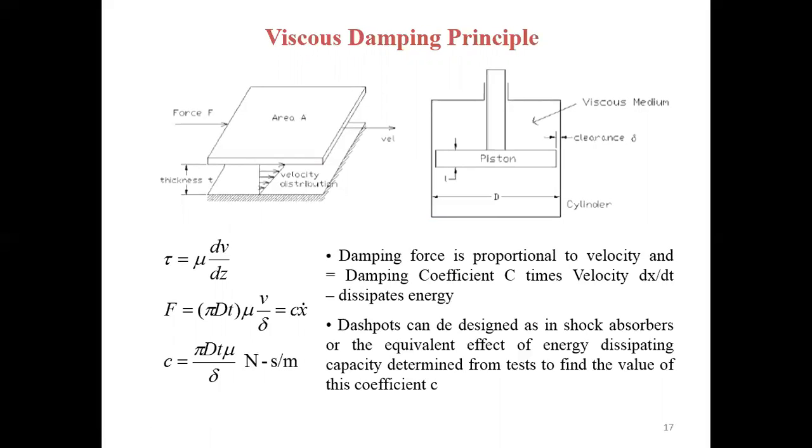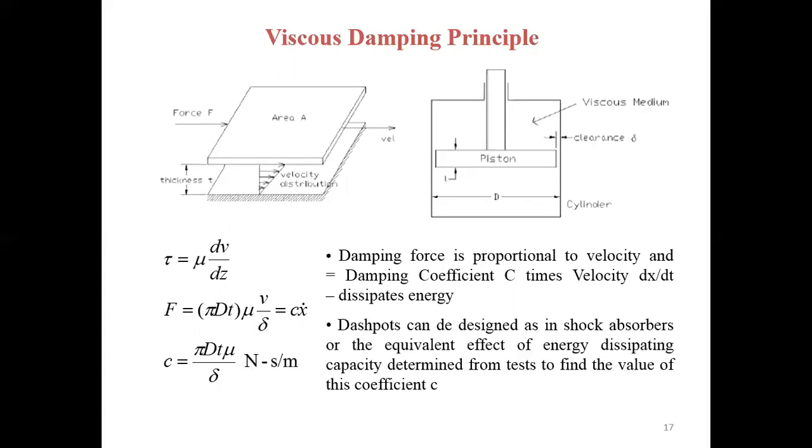In viscous damping, the damping force is proportional to the velocity, damping coefficient c times velocity dx by dt, right? And with the help of viscous damping, the energy is dissipated, or you can say the energy is absorbed in the fluid.